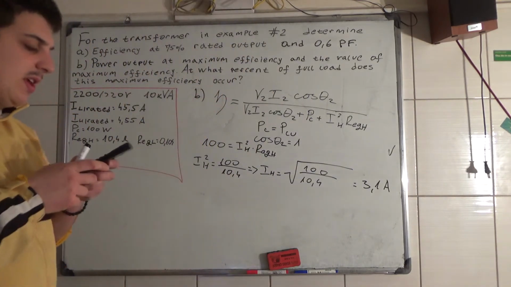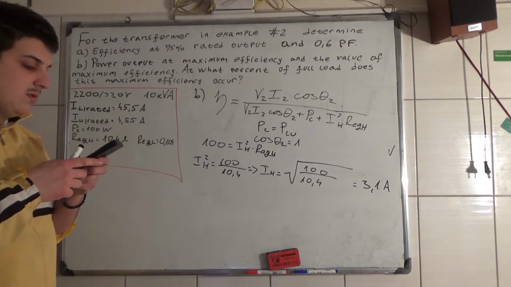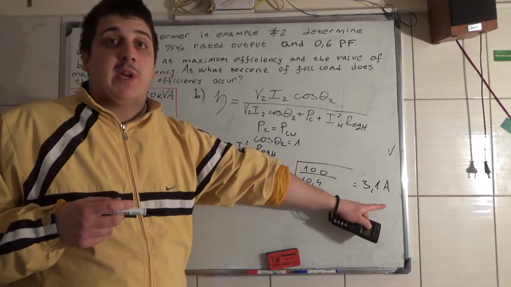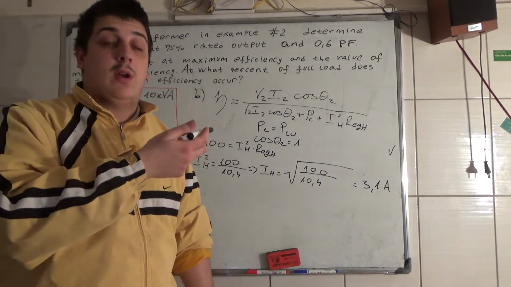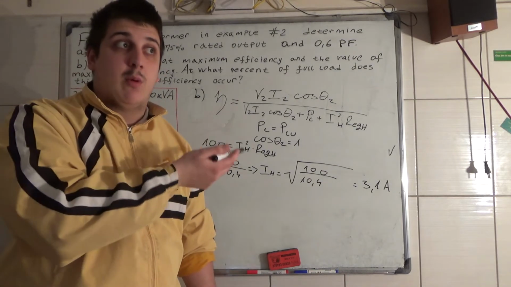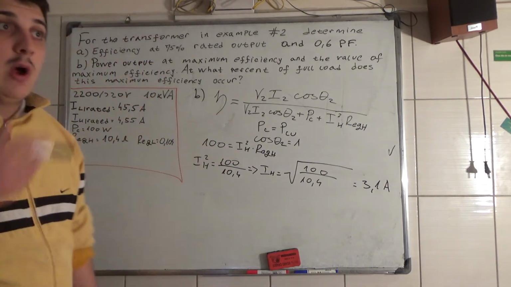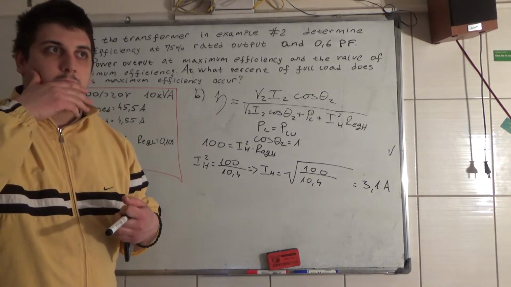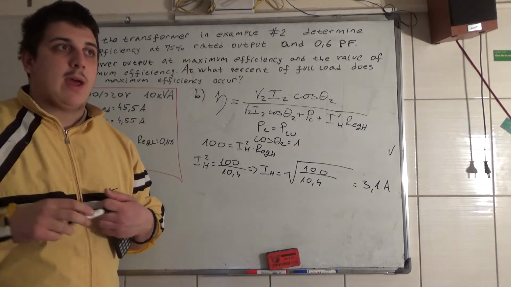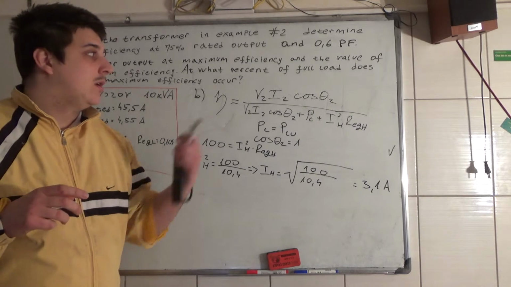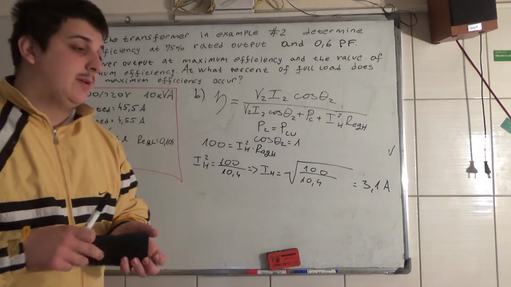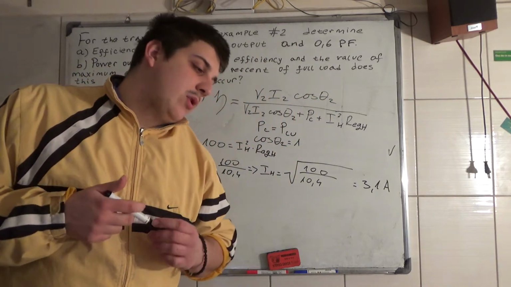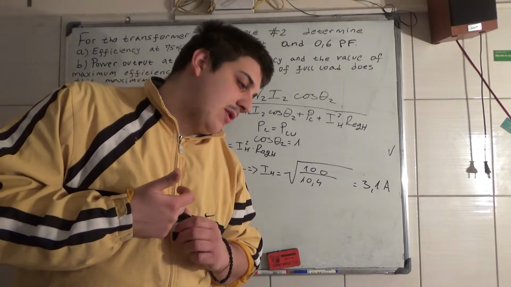Let me just take a look. Okay, so when we draw 3.1 amperes, then the maximum efficiency occurs. Now we have to know what the efficiency is, and what the power output is.